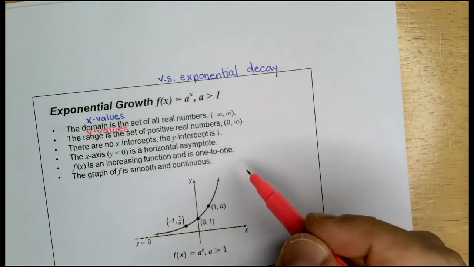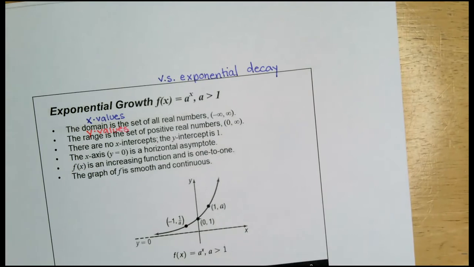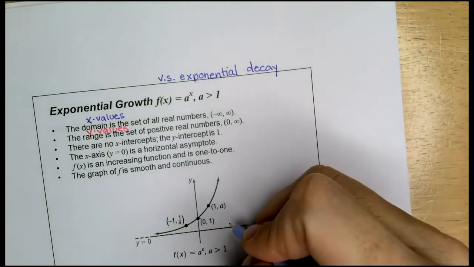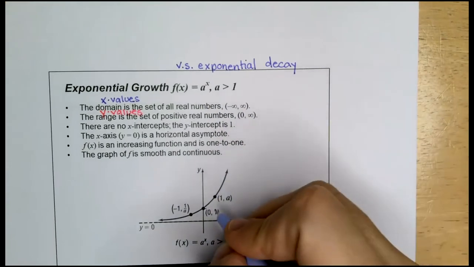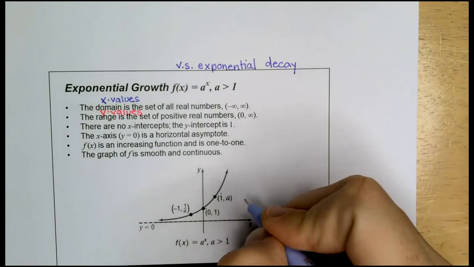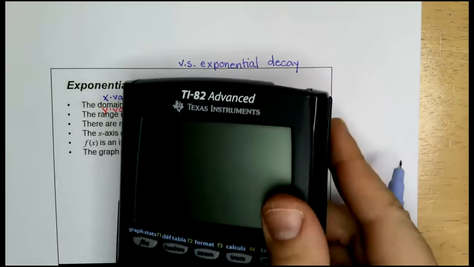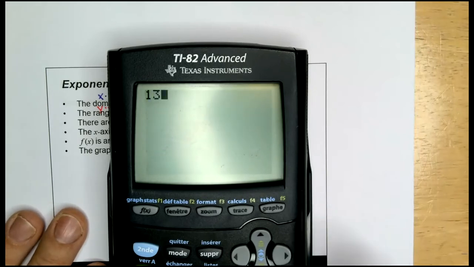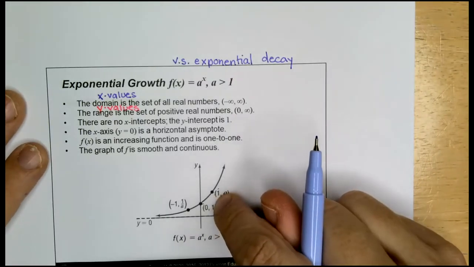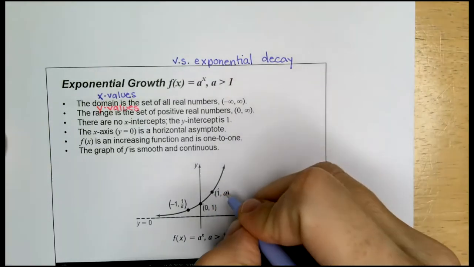And the y-intercept is 1 because, as we already pointed out, we're working with a to the power of x, right? So this point is 1 comma a, because whatever a is, let's say a is 13, 13 to the power of 1 is 13. So x is 1, a will be 13.